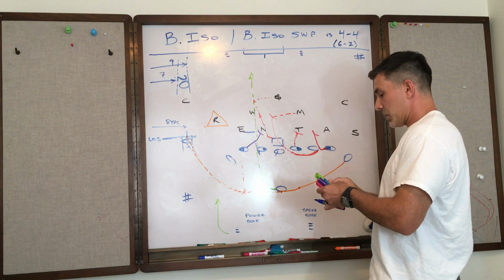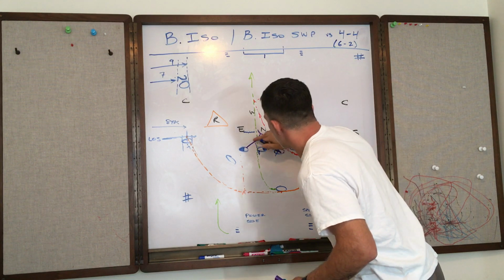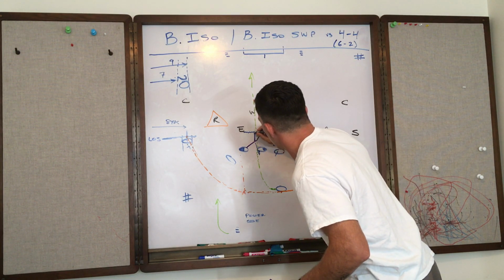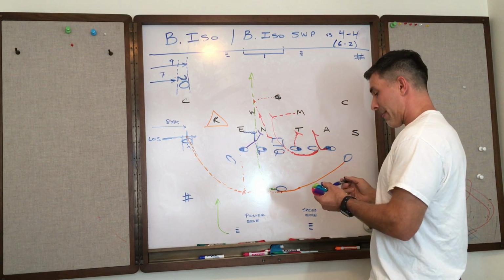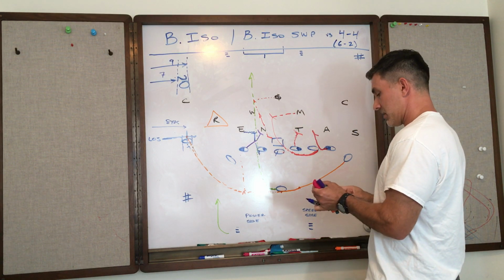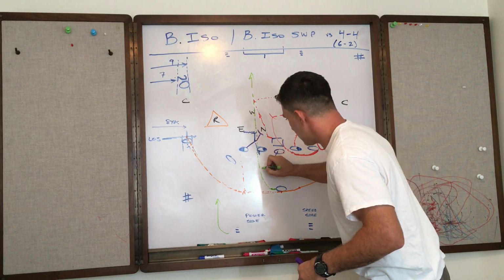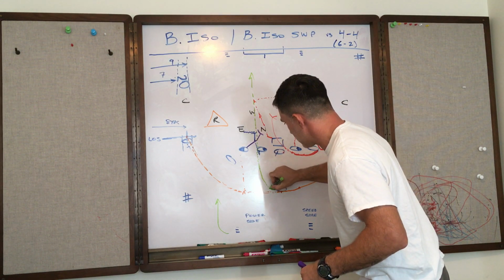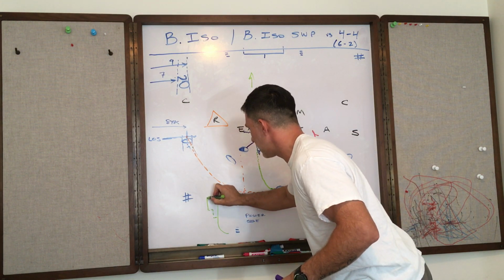So the guard, knowing that, is going to just take him vertical. The ball carrier's path, the running back in this instance, is using a staircase technique.